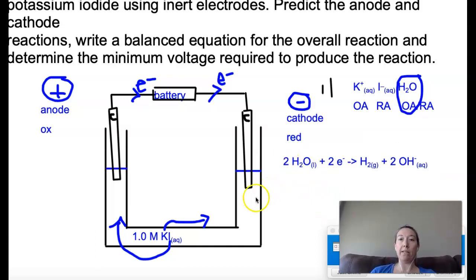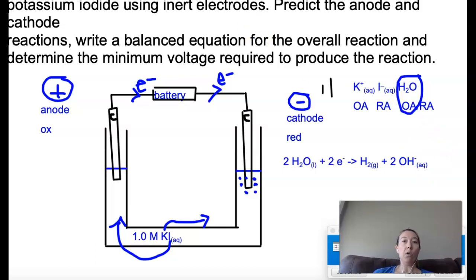As this cell runs, I would start to see that over here at this electrode, I'd start to get little bubbles being generated. And those bubbles would be because I'm generating that hydrogen gas, okay? I would also see, if I chose to add phenolphthalein, which a lot of times when we do this as a demo, we do, I would see that it turns pink over here. And that's because I have produced that hydroxide.